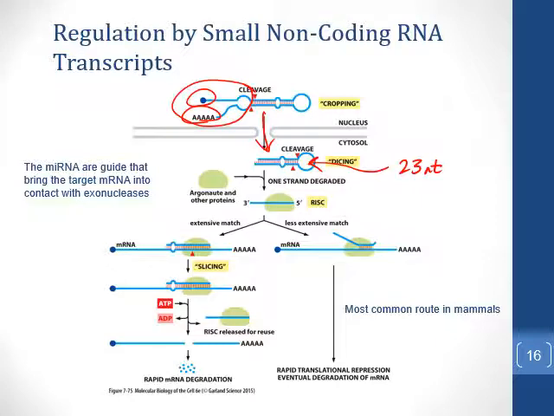Now here comes Argonaute. Now remember, when we talked about P-bodies, we said Argonaute is going to be found in the same location as decapping enzymes, right? Well, take a look at what's happening here. Argonaute, and a bunch of other proteins, not just Argonaute, is going to bind to this double-stranded RNA right here. And one of these strands is going to be selected.